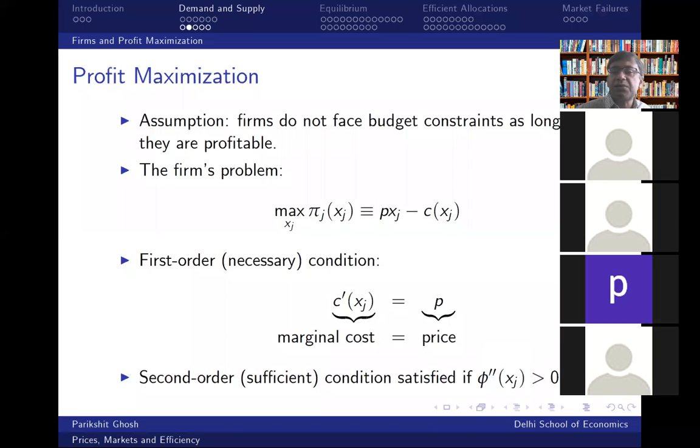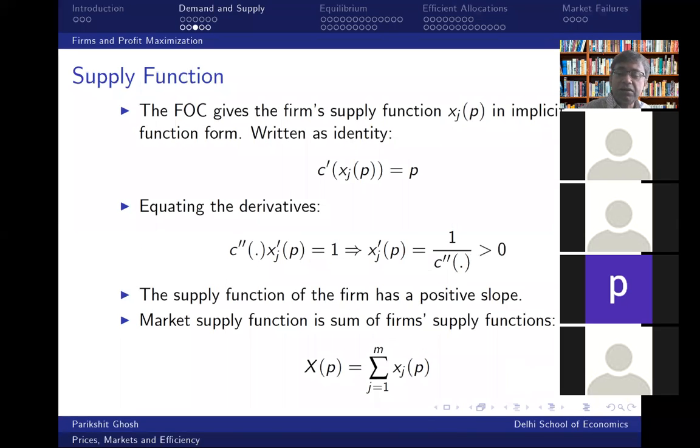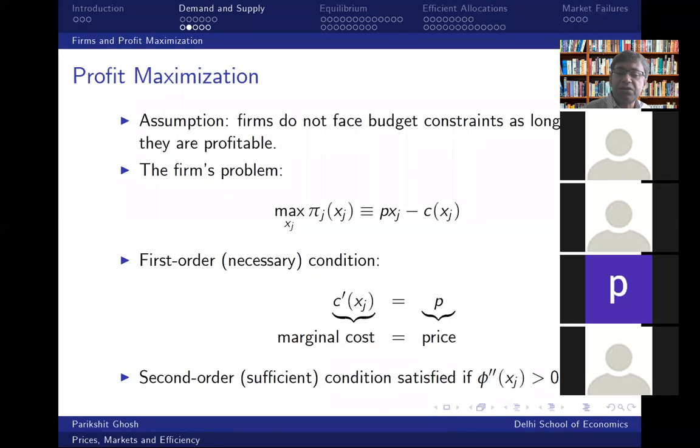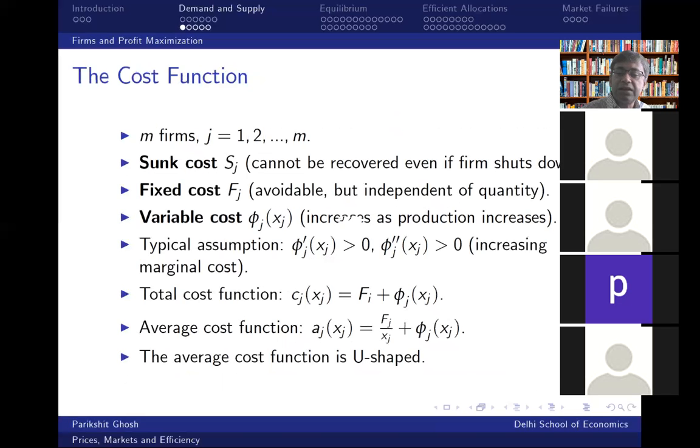If we don't make that assumption at the outset because we are in doubt about whether it holds or not, then at the optimum point, we have to make sure that this inequality is true, right? But if you're prepared to assume that this second derivative is strictly positive at all values of xj, then that automatically takes care of the second order condition, right? So the assumption of rising marginal cost will play two roles.